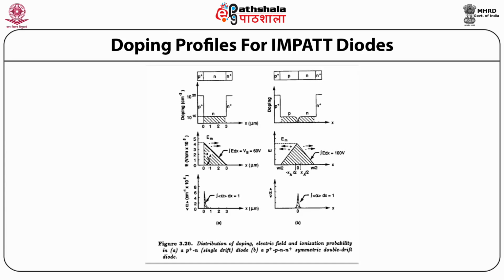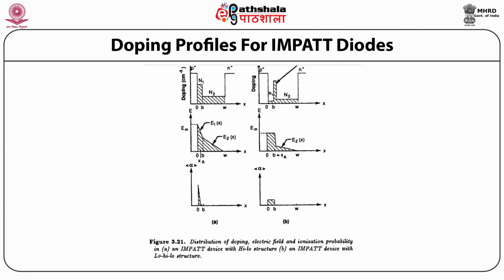The second figure again shows the distribution of doping, electric field and ionization probability in a P plus N single drift diode, and the second one is a P plus P N N plus symmetric double drift diode.